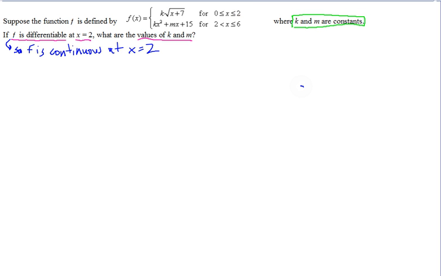So that means the limits as x approaches 2 from the left and right have to be equal. So the limit as x approaches 2 from the left of f of x, in order for it to be continuous, it has to equal the limit as x approaches 2 from the right of f of x.